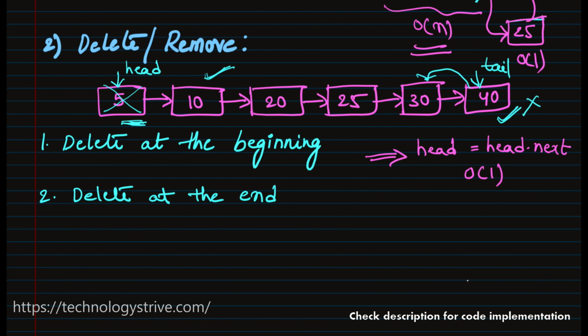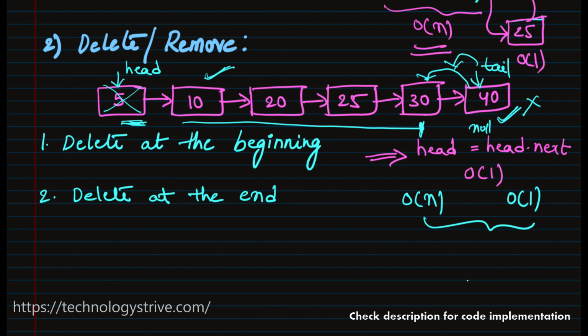So we have to start from head, stop at the node before 40, make this node's next null, and then update tail to here. Reaching this point takes order of n, but the deletion is just a one line statement. So deletion at the end overall takes order of n time complexity.